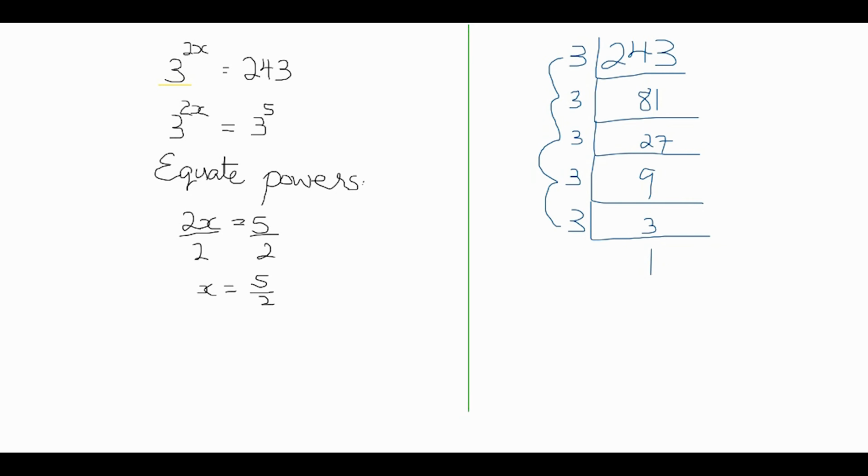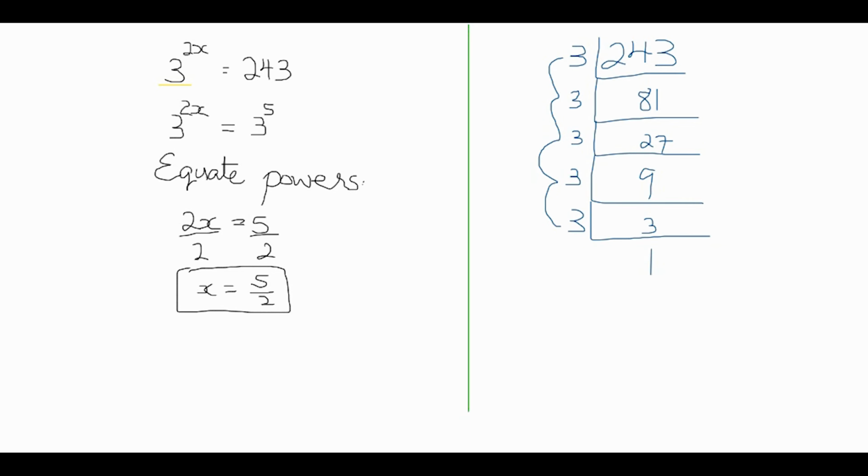And one of the things that I strongly suggest, if you're the type of person to always doubt yourself and you know how to work powers out, what you can do is take the value that you get for x and substitute it back into the equation. And when you substitute it back into this equation, it should work out to give you 243.